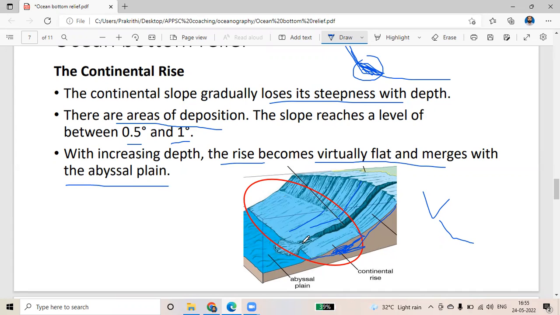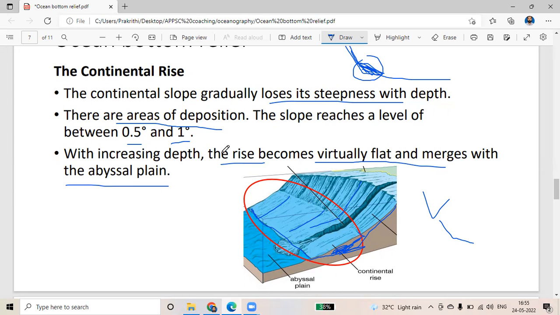So, ये क्या हो गया? Finally, यहाँ से जो slope का final end होगा abyssal plain और the oceanic basin. तो oceanic basin और the oceanic plain तक इसका extension होगा. So first one, continental shelf, then the continental slope, then the continental rise.